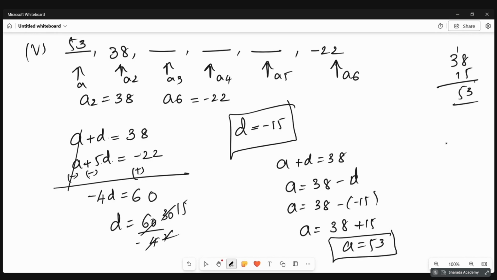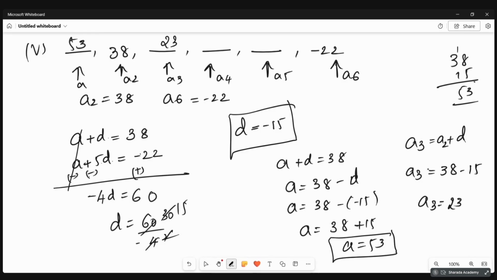What about A3? A3 is equal to A2 plus D. So A3 is equal to A2 is what? 38. 38 minus 15, 23 you will get. Or directly you can write A3 is A plus 2D and also you can find.